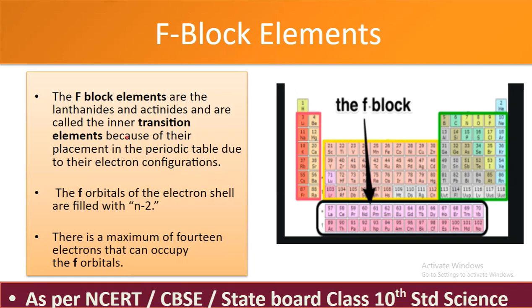They are called inner transition elements because of their placement in the periodic table due to their electron configurations. The f orbital of the n-2 electron shell is filled. A maximum of 14 electrons can occupy the f orbital. This is just a brief about the modern periodic table, including the 4 blocks s, p, d, f. For more on this, stay tuned to our channel.